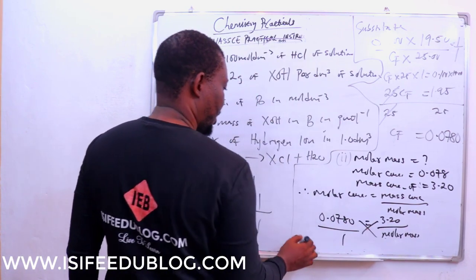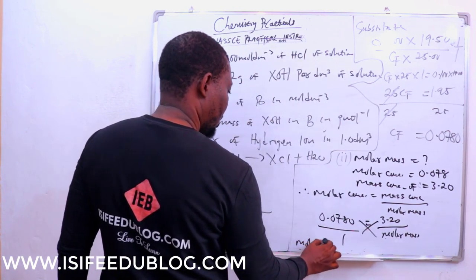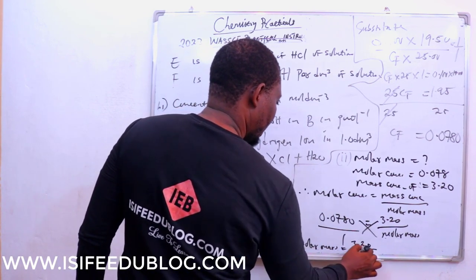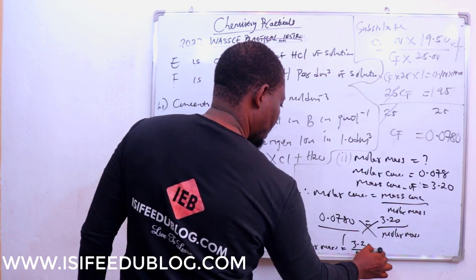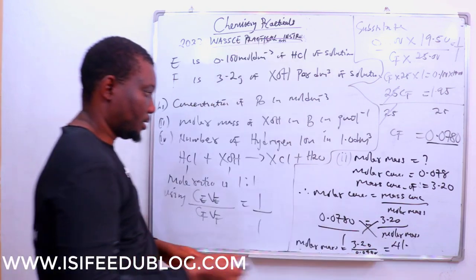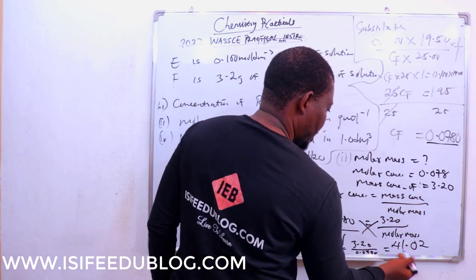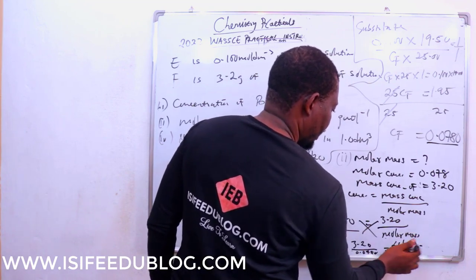Cross multiply, so the molar mass is 3.20 divided by 0.0780. So that is 41.0. Approximately, I can just say 41.0.